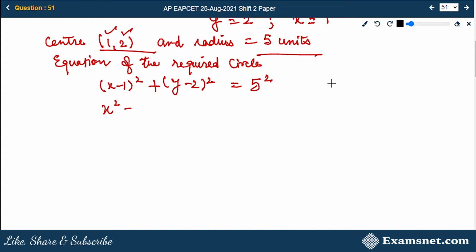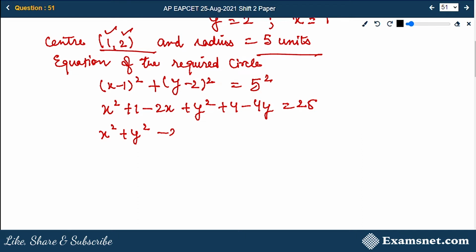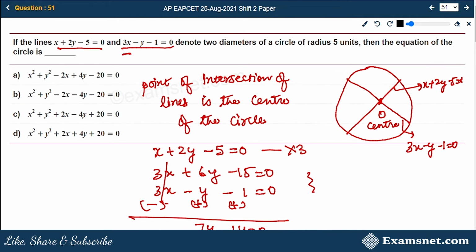Opening them, x square plus 1 minus 2x plus y square plus 4 minus 4y is equal to 25. This gives you x square plus y square minus 2x minus 4y minus 20 is equal to 0. So this is your required equation of the circle, which is option B. That's your correct answer. Let's move to the next question.